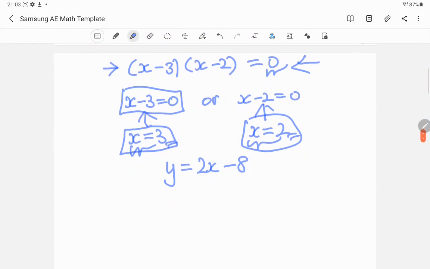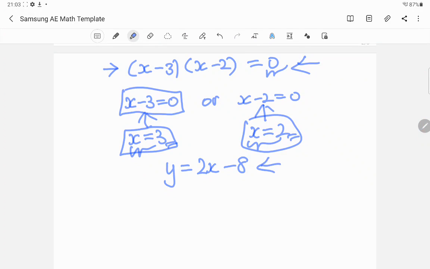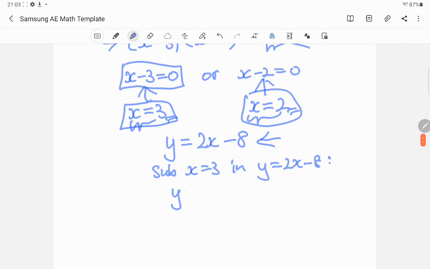We are going to substitute x equals 3 into this equation. Substituting x equals 3 in y equals 2x minus 8, we get that y equals 2 times 3 minus 8. And this gives us minus 2.